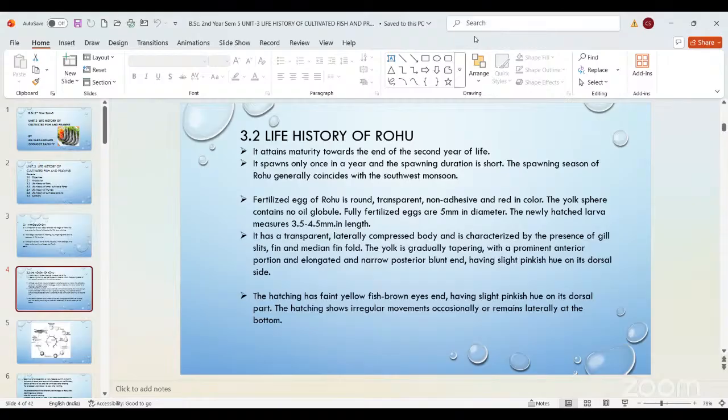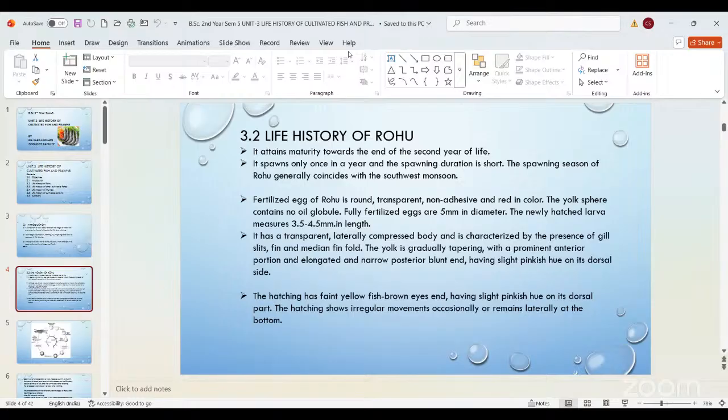It has a transparent, laterally compressed body and is characterized by the presence of gill slits, fin, and median fin fold. The yolk is gradually tapering with a prominent anterior portion and an elongated, narrow posterior blunt end, having a slight pinkish hue on its dorsal side.